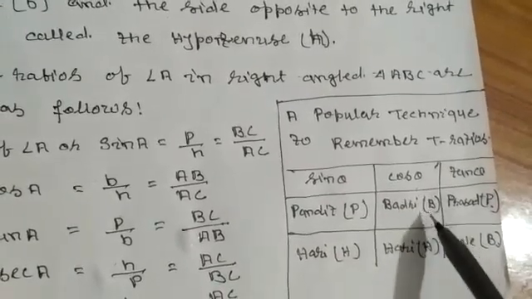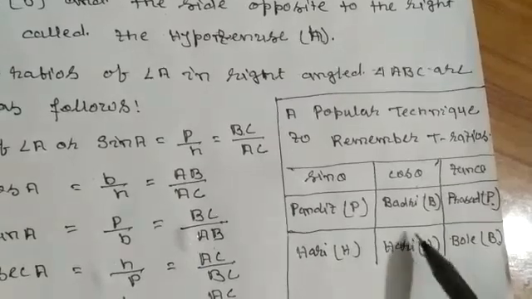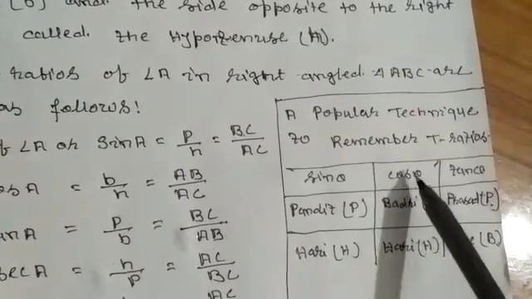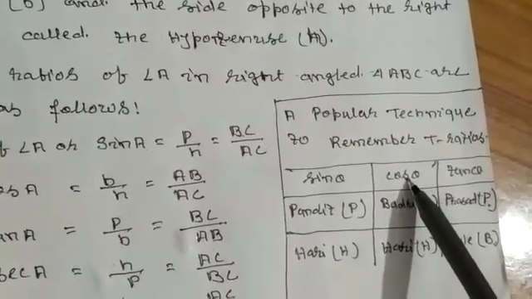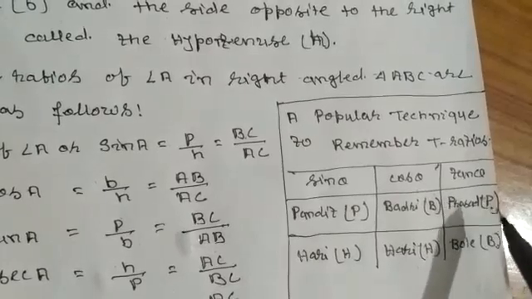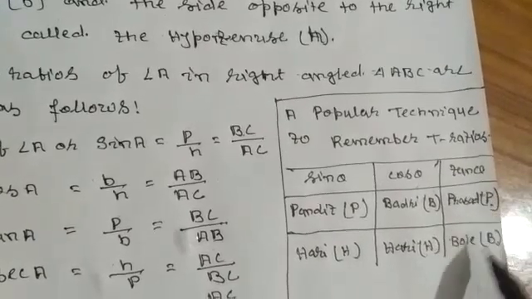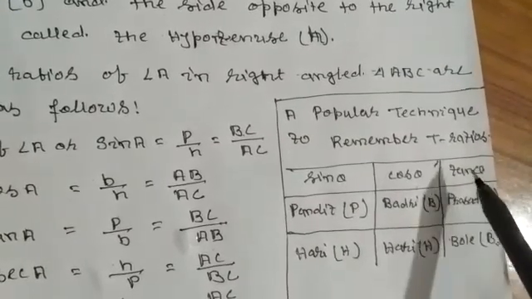When you take the ratio B by H, it becomes the ratio of cos. And when you take the ratio P by B, it becomes the ratio of tan.